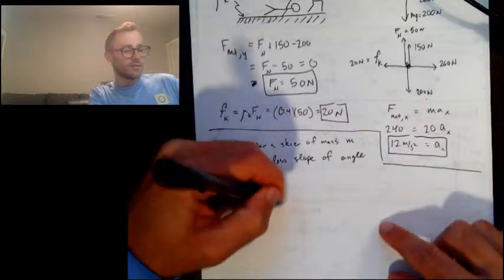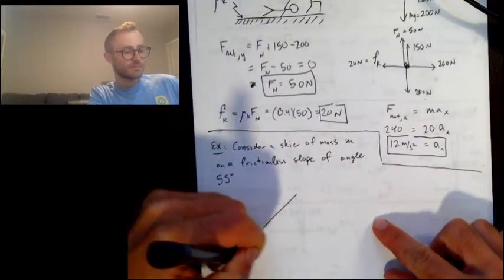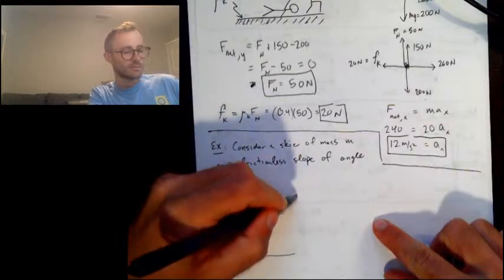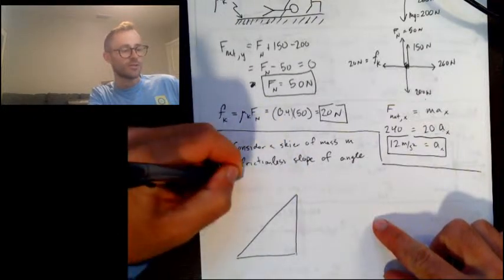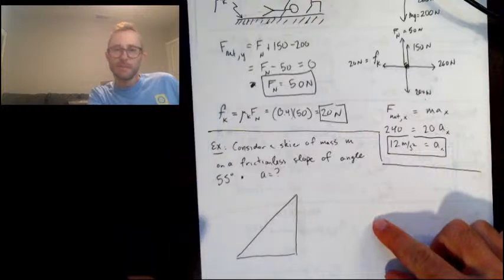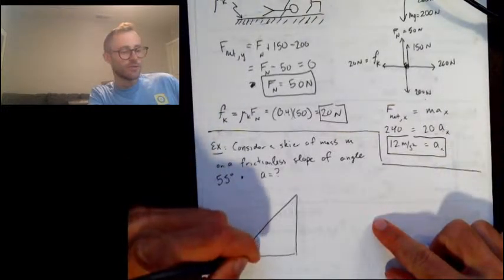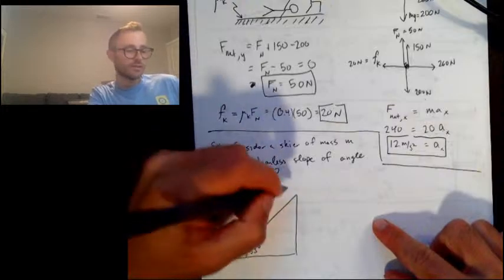Now, so here's the slope. It looks kind of like this. And we want to know what is the acceleration of the skier down the slope. So here's the slope. It makes an angle of 55 degrees. Here is the skier.